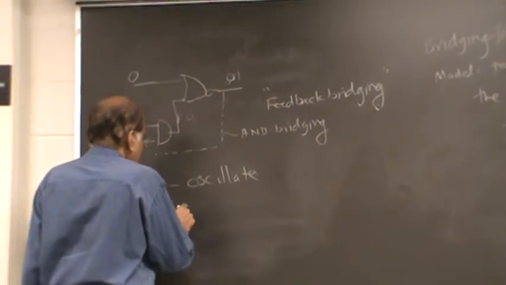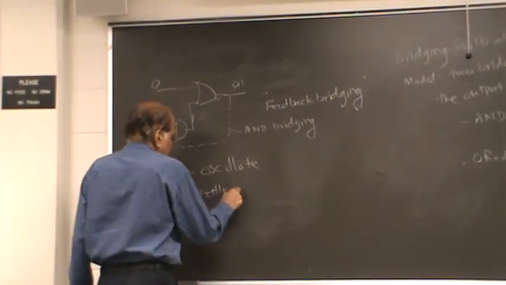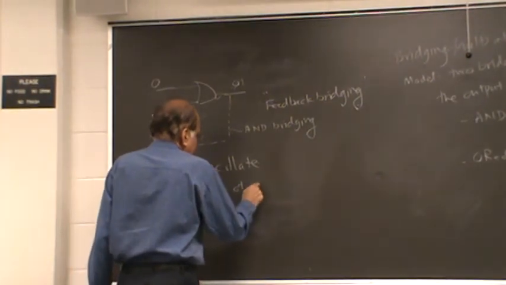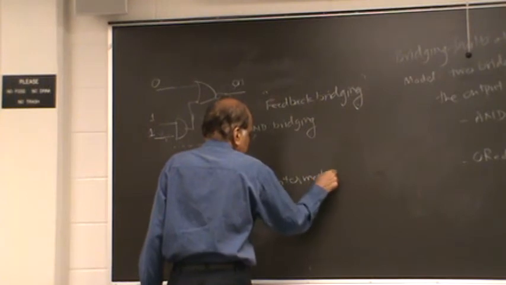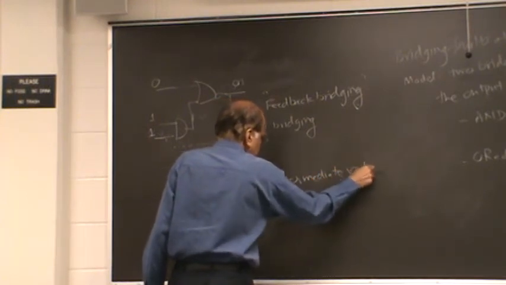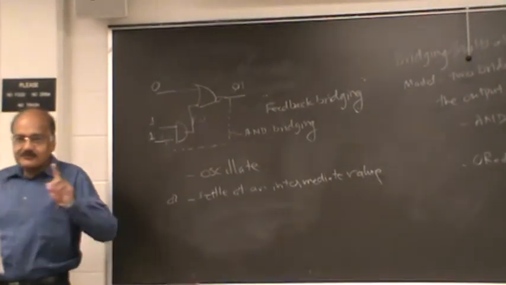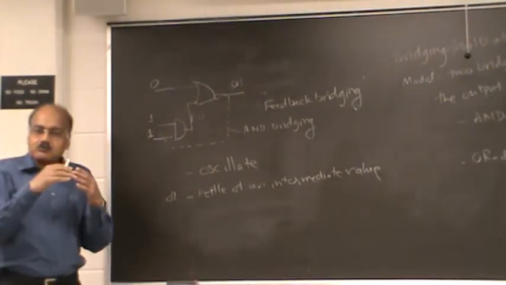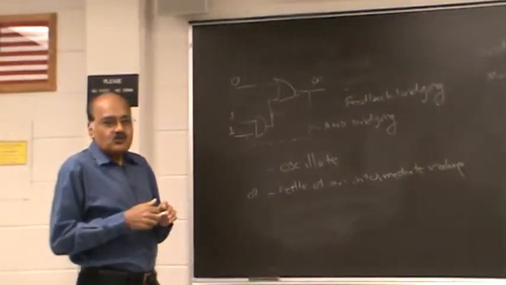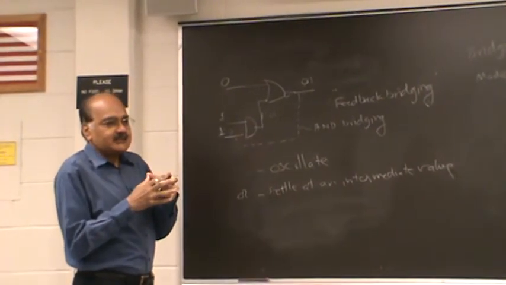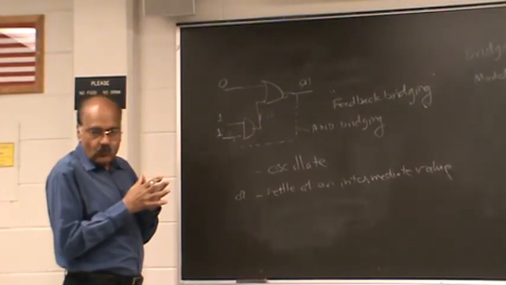So it may oscillate or settle at an intermediate value. Depending on the delays involved, if you have a feedback bridging, the changes can go around, or it might settle at some value that is somewhere between 0 and 1.